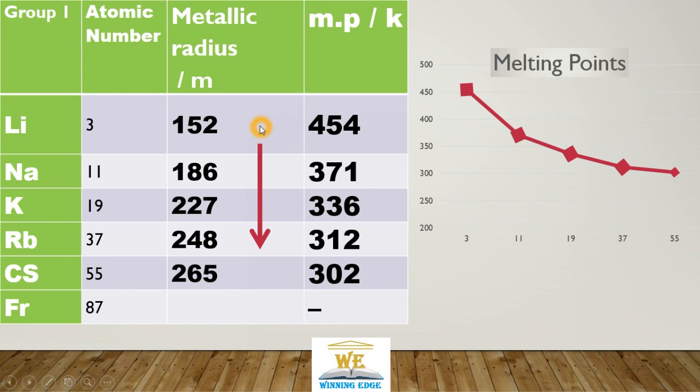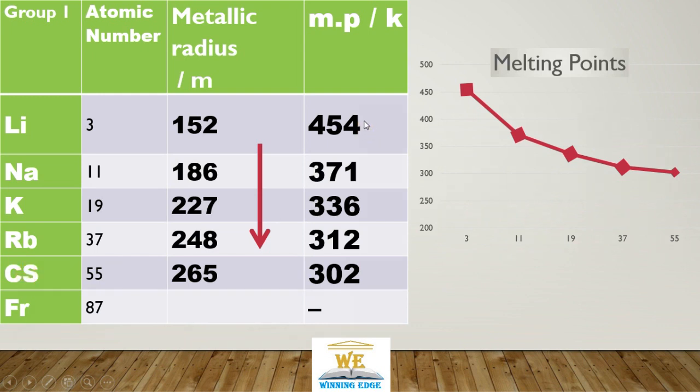What we just saw is that atomic or metallic radii increase down the group, and melting points reduce down the group: 454 K for lithium, 371 for sodium, 336 Kelvin for potassium, 312 for rubidium, 302 for cesium.